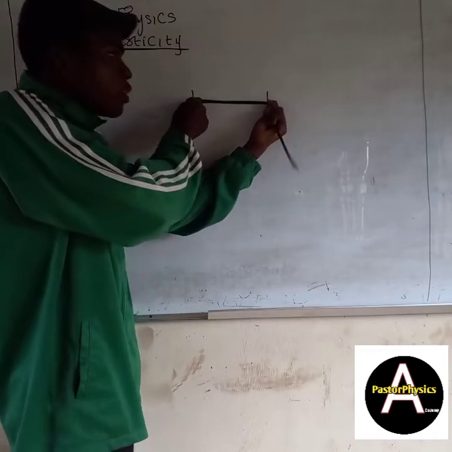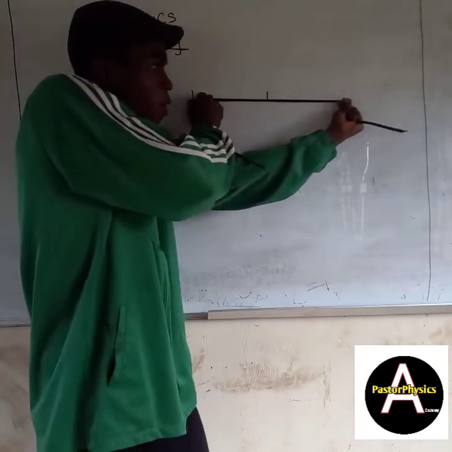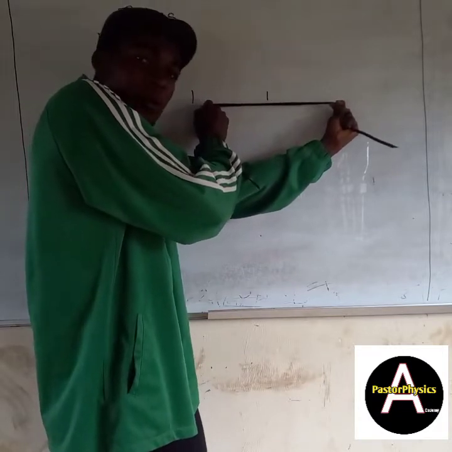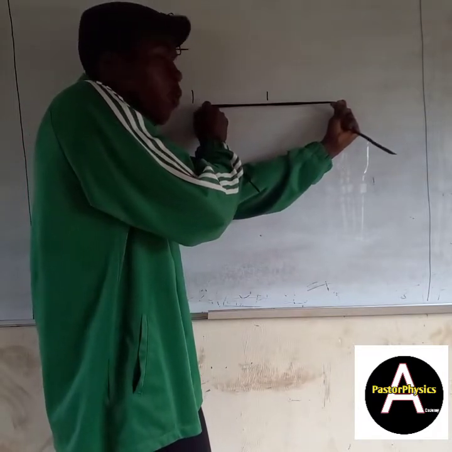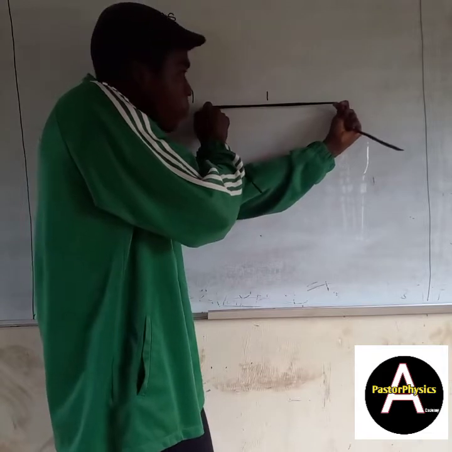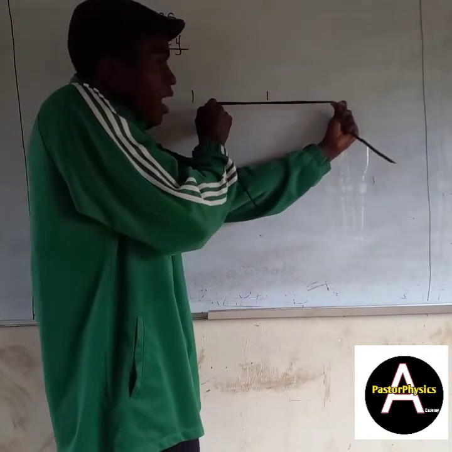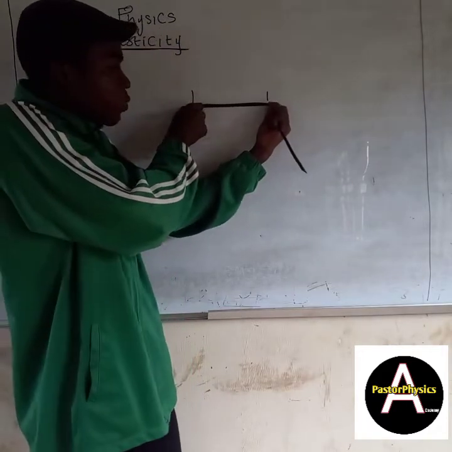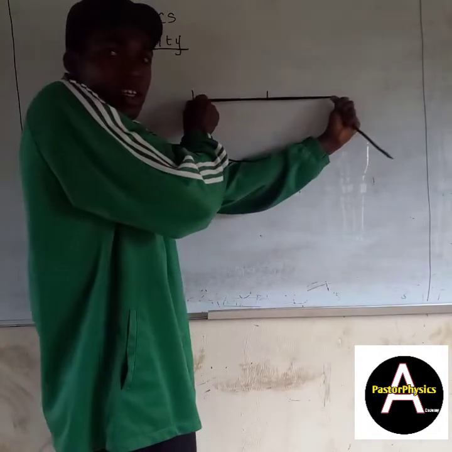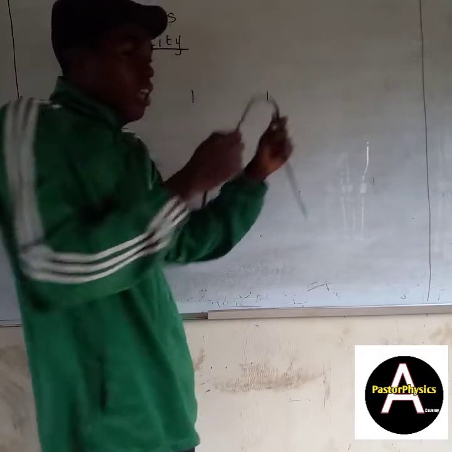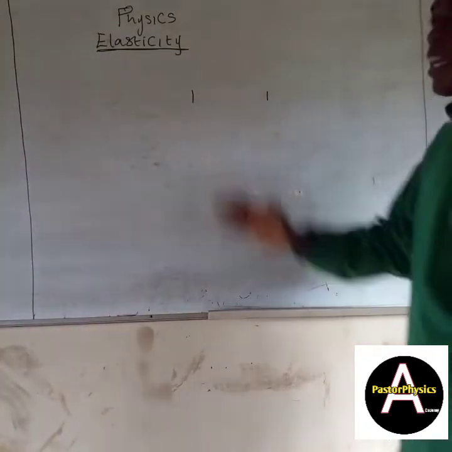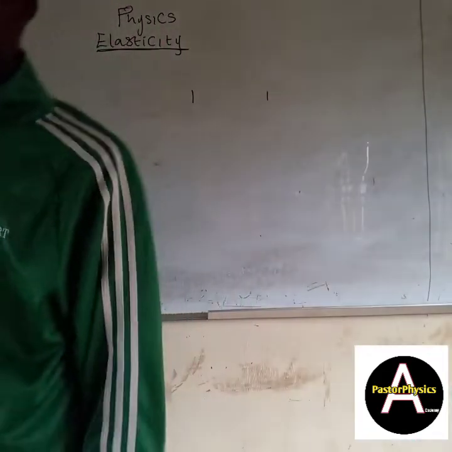Now, the property of this rubber to extend more than its original length when an external force is applied to it, are you getting it, is called elasticity. And when I remove that force, it comes back to its original length. When I apply the force, it is elongated. Now you see that the property of those materials is called what? Elasticity. Are you getting it?